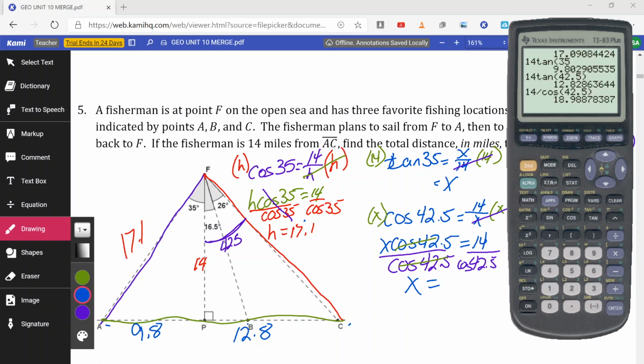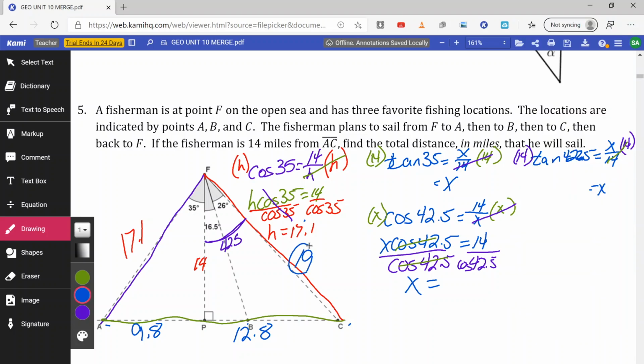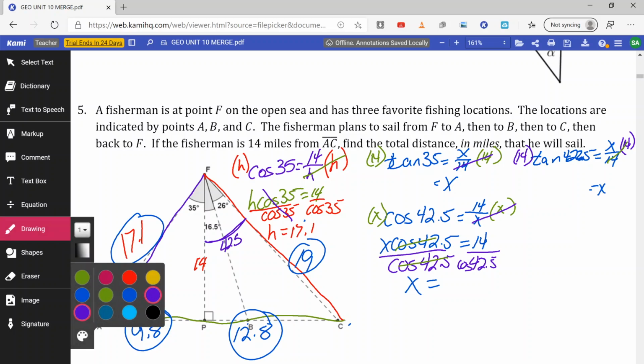And we get 18.988, so we'll round up to 19. So from F to C is 19 miles. So here we have F to A is 17.1, A to P is 9.8, P to C is 12.8, and then back around would be 19. So last thing we have to do is add those up, and we'll have how far he has gone.